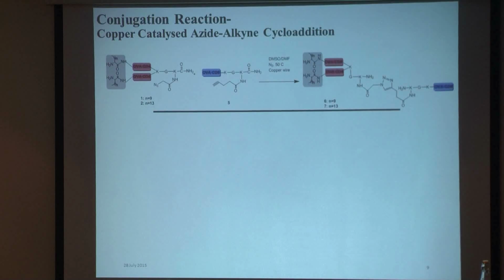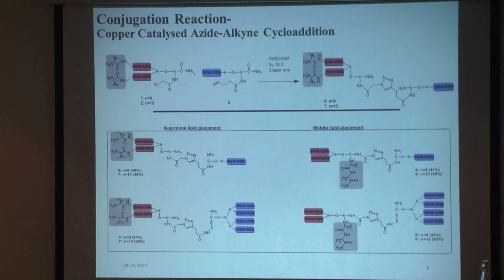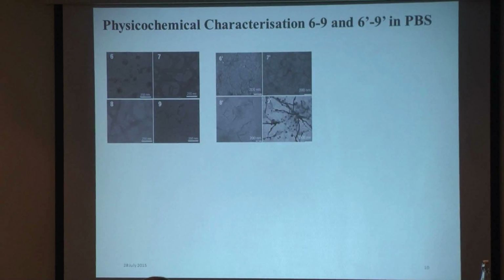So first I synthesized and optimized this reaction by changing the solvent system and the ratio of starting material to find a product with the highest yield and purity, and then used this condition to synthesize the other asymmetric constructs, which are 6, 7, 6 prime, 7 prime, and again 8, 9, 8 prime, and 9 prime.